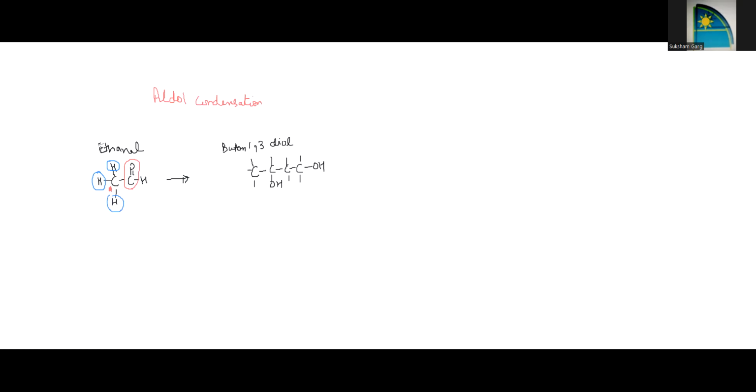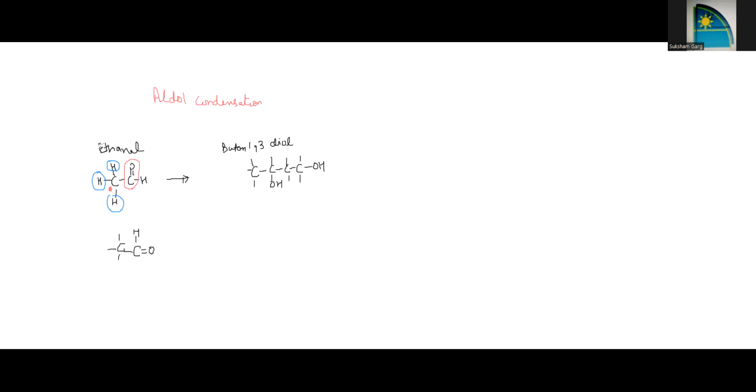Now, how do I write the product? It's actually very, very simple. One molecule you write as such. See how we align two molecules. So you align its carbonyl group in this direction and just write rest of it.